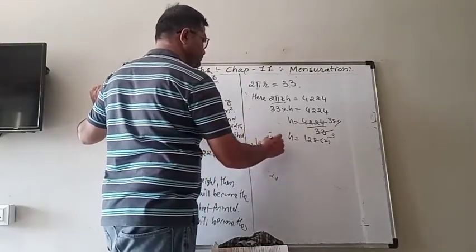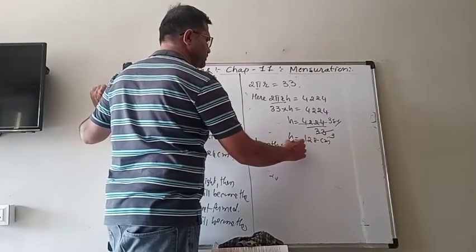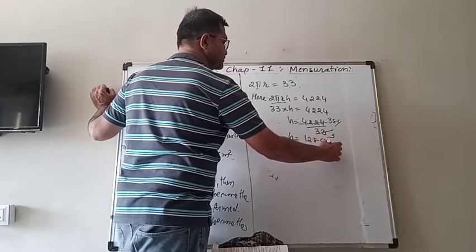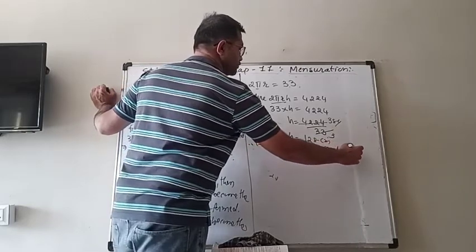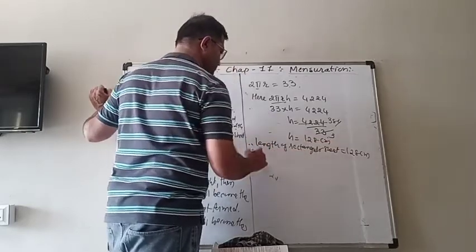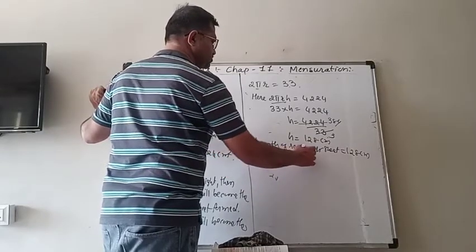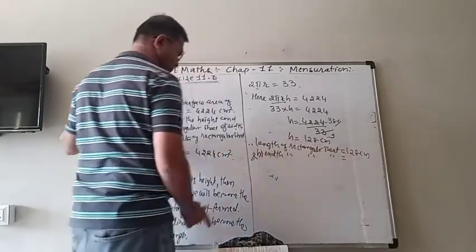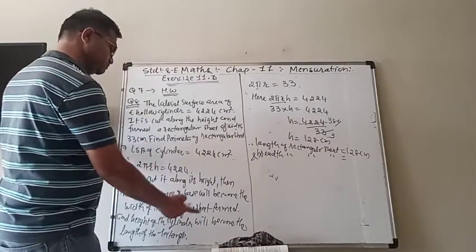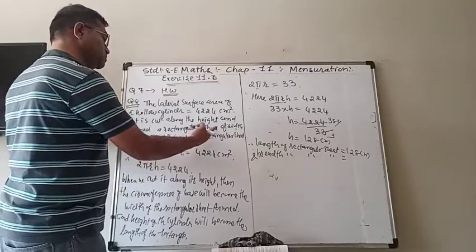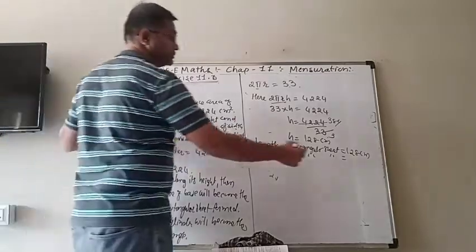So now length of rectangular sheet is equal to 128 centimeter, and breadth of rectangular sheet is given, how much? That was 33 centimeter.